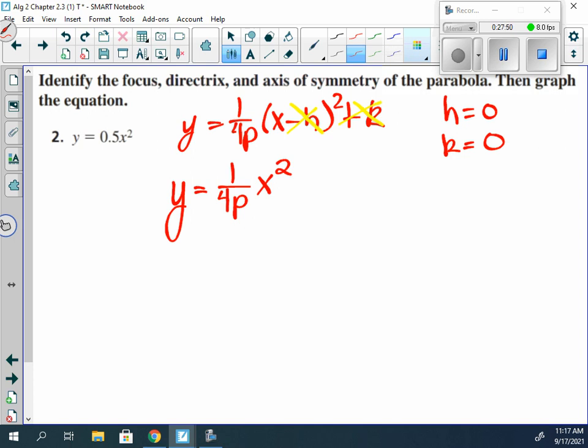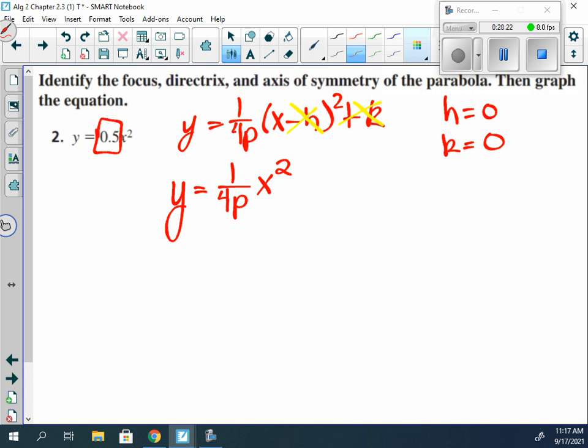Because p is just going to be some value, then I can find the value of p. So what do I need to do to our given equation? Or do I need to do anything? Well, we can make it into a fraction, but it is already set up, isn't it? Y is by itself, and we have a number being multiplied in front of x squared. It is already set up.